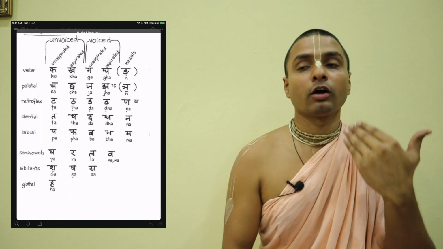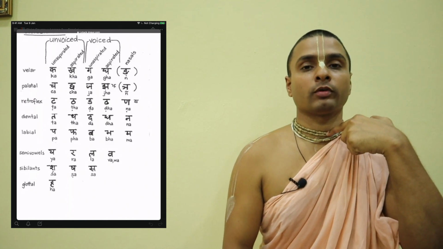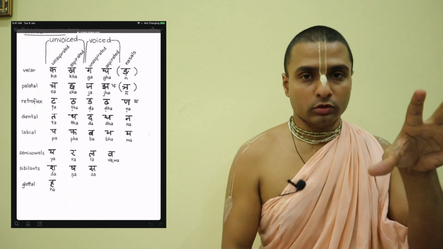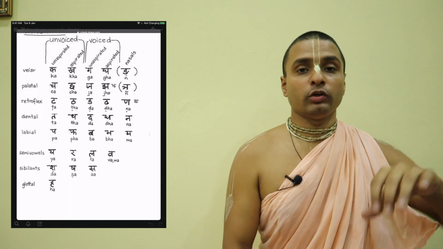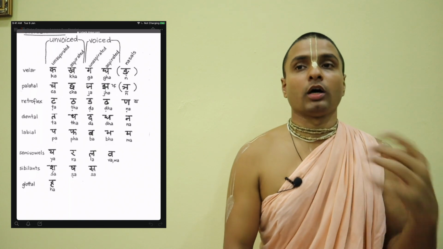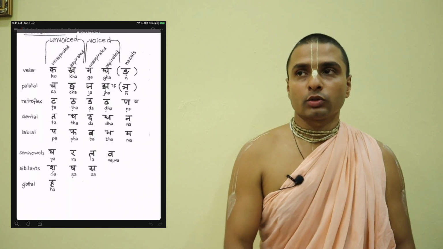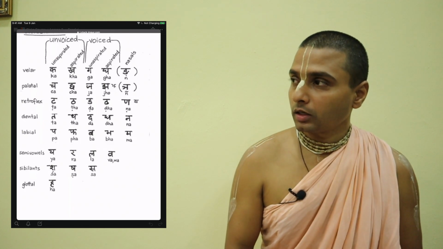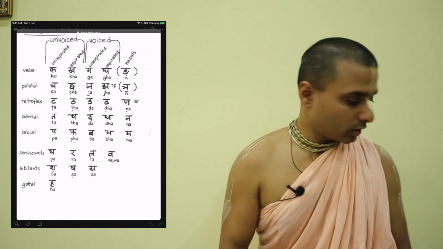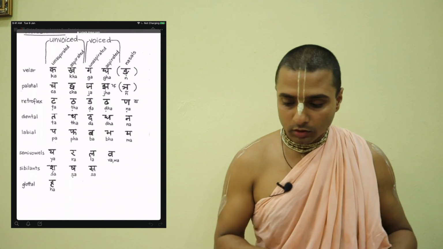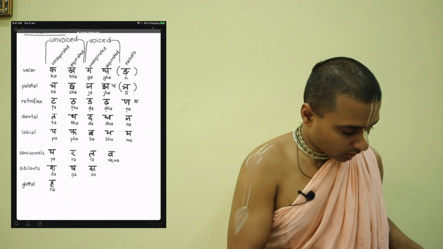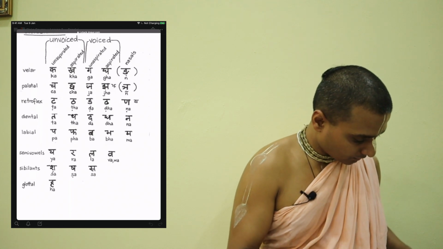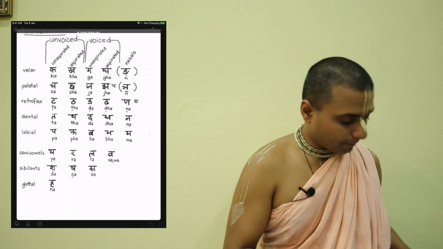Voiced ja comes from the deeper part of the throat, right? The tongue touches the same way, but not with a force of air. When you do it with the force of air, it is jha. A good example in English: if you see the Bhagavad Gita, they will help you understand with English as well.